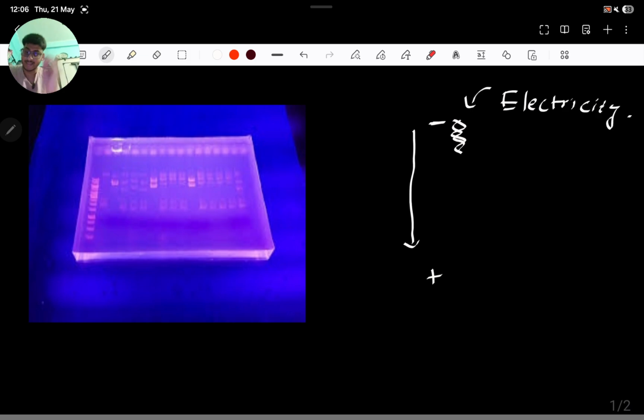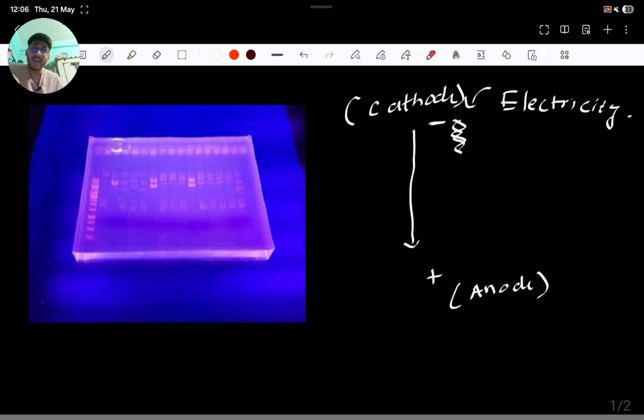That is, from the negative electrode, the cathode, to the positive electrode, the anode. Okay, so the main principle is that when we apply electricity, the DNA will move from negative charge to positive charge, that is from cathode to anode.